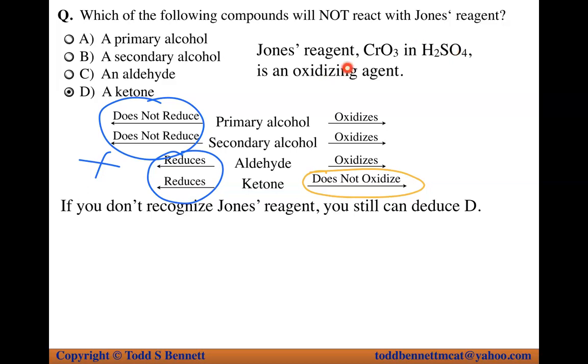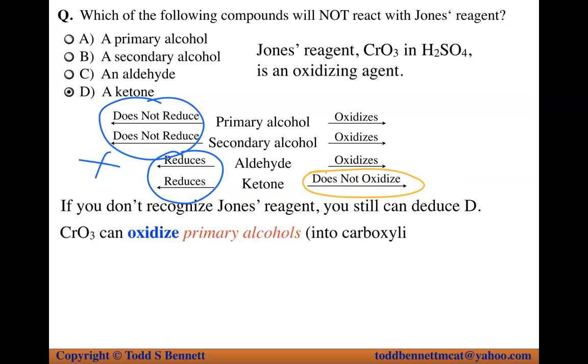Notice the absence of pyridine. Collins reagent is this when you get rid of H2SO4 and you use pyridine in conjunction with HCl, another strong acid. But in this case, we use H2SO4, sulfuric acid, in aqueous conditions with CrO3.